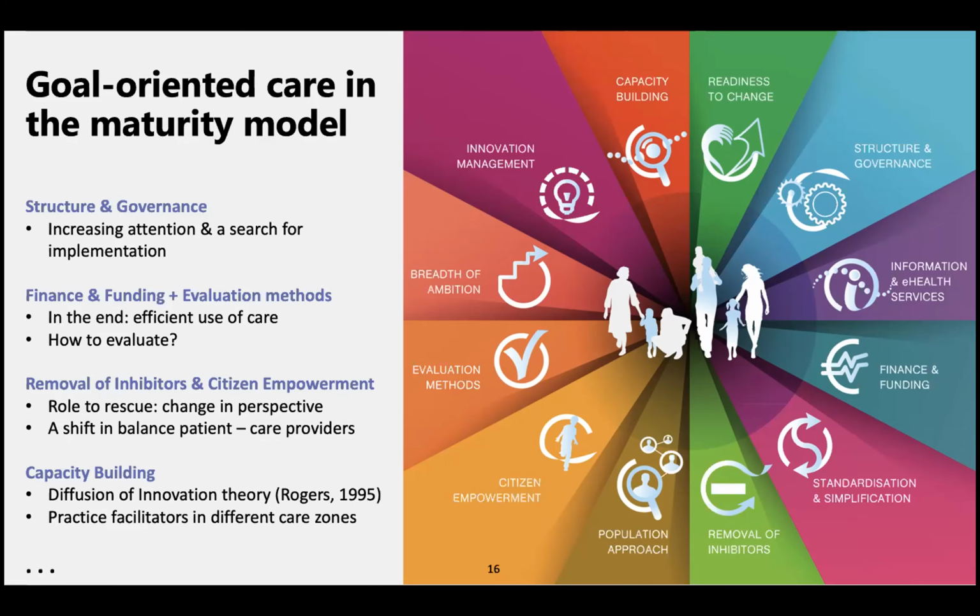Am I still delivering quality of care? So how can we measure quality of care within this concept of goal-oriented care? That still needs to be dug out more. And maybe this maturity model or this Sirocco tool might bring some answers to that, if we get a better insight into what it means. I think it might bring some potential.